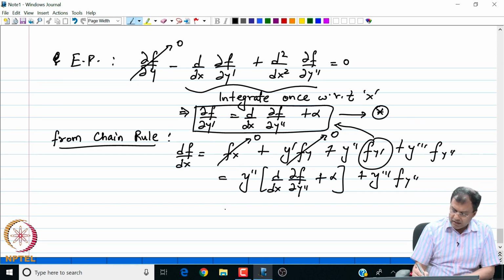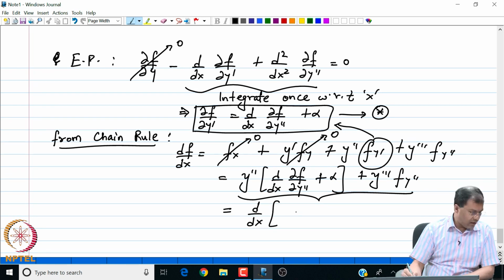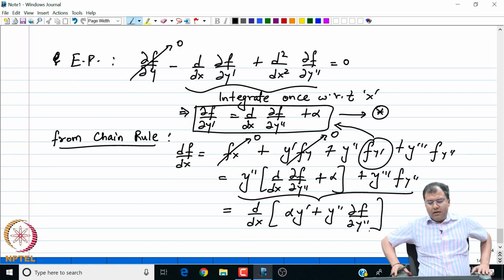And students can check that this particular expression is nothing but the ordinary derivative with respect to x of alpha y prime plus y double prime partial f partial y double prime, right.